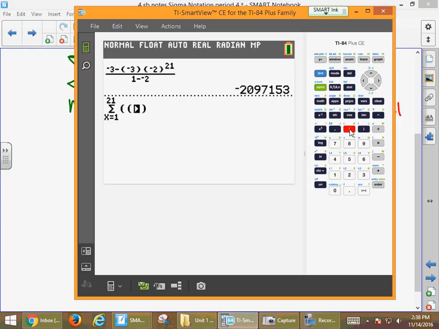So I'm going to put another parentheses in right now: negative 3 times negative 2 to the n minus 1. So I'm going to use x minus 1.